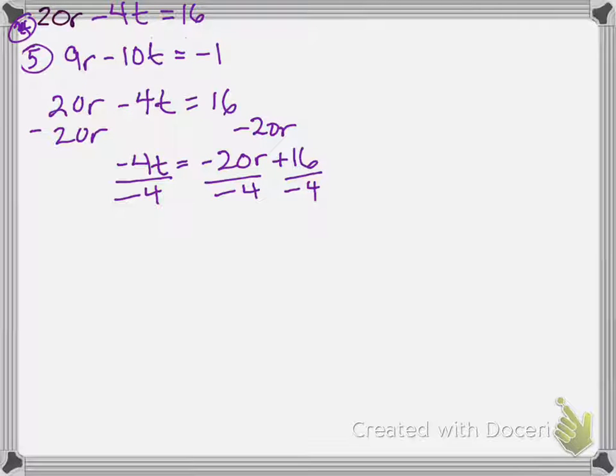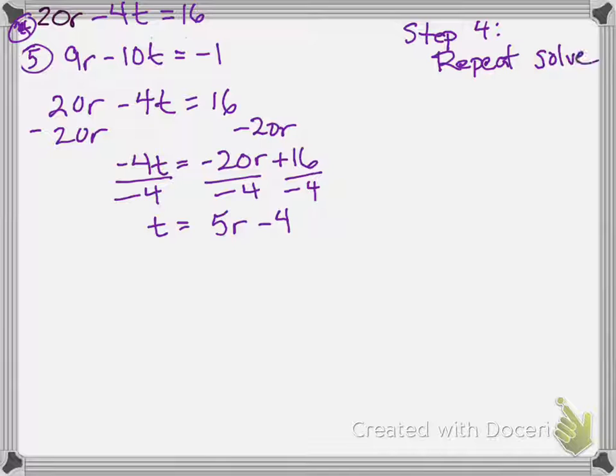We don't have any fractions. So T is equal to 5R minus 4. So this is our step 4. Repeat, solve, and substitute.